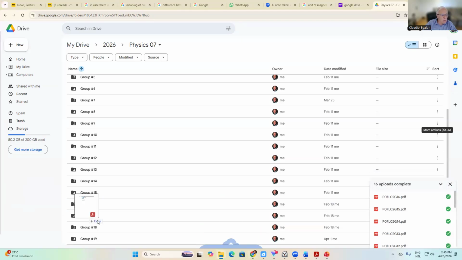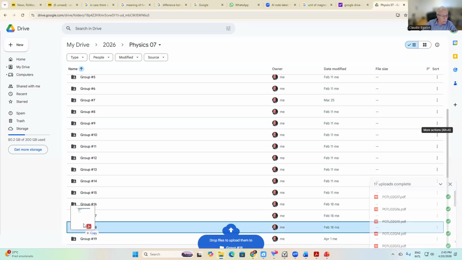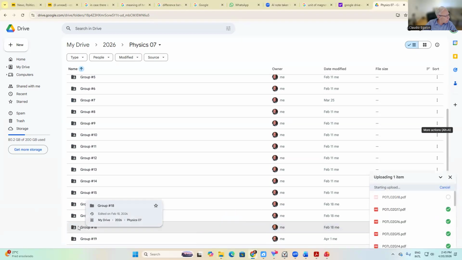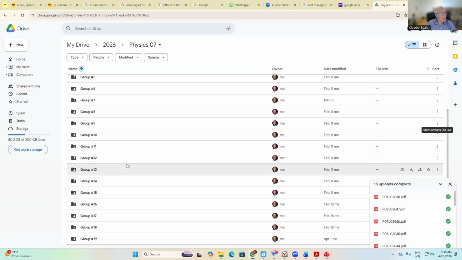I wish they had a computer program to do those things automatically for us. I wonder if they do. Do you folks know any computer program that allow us to do those things? Drag and drop automatically? I don't know. I don't know any, but there must be, right? So many computer software out there.